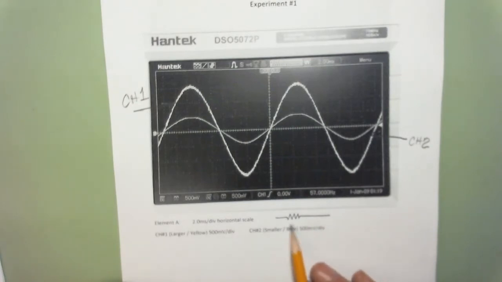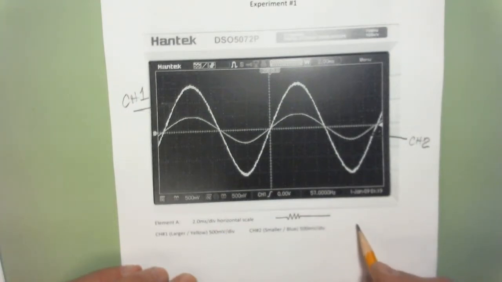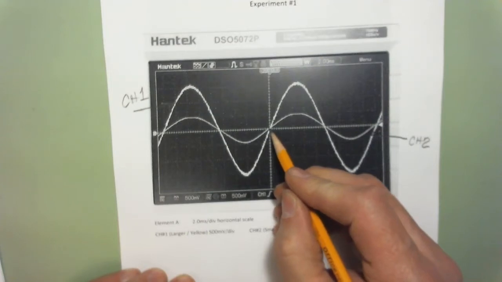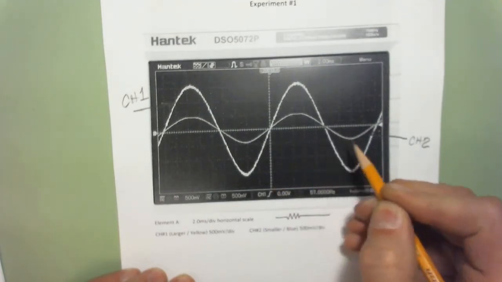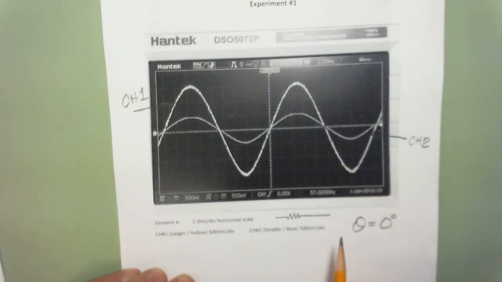Oh, well, we've got element A, a resistor. Well, what are we expecting the phase shift on a resistor to be? 0. So we know that theta is equal to 0 degrees, that there is no phase shift here, that these cross at the same point, they're rising and falling at the same time. So theta is equal to 0.